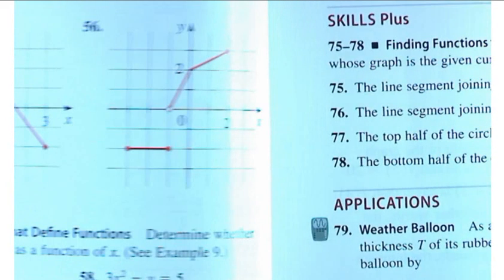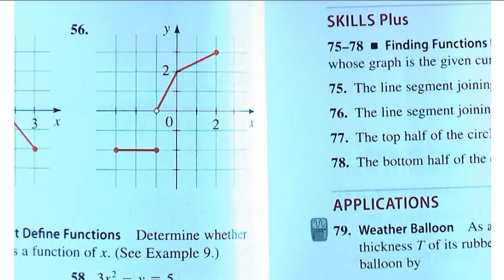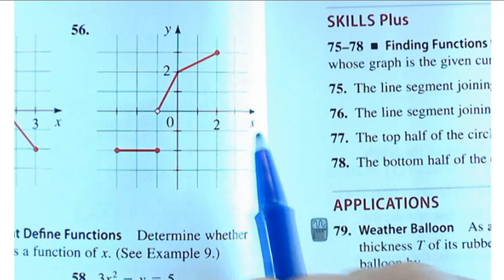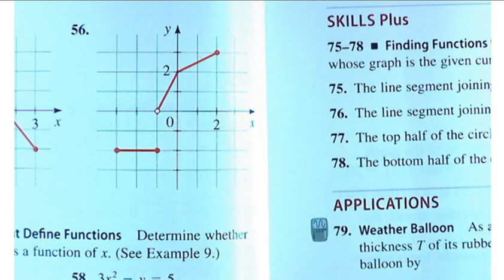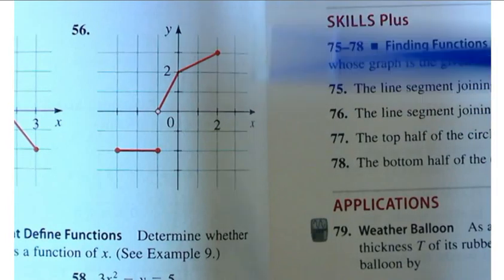So try and look, what are the x values represented by this graph? What values of x have part of the graph associated with them? And what y values are there?